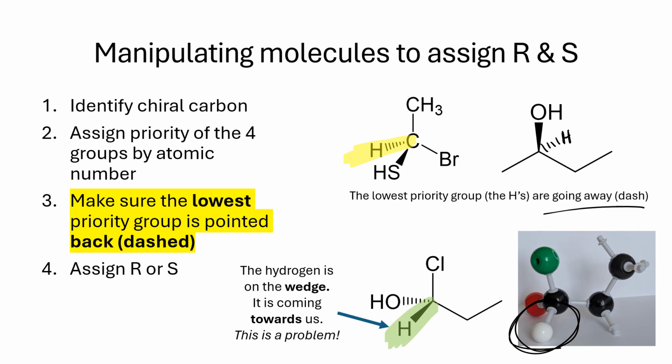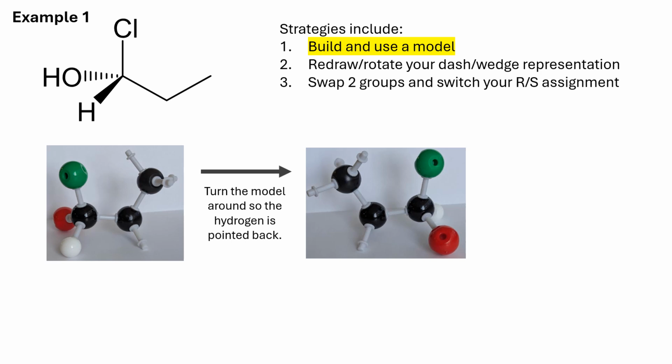So here are some strategies. The first strategy is that you could just build a model and use that model. So that's what I did here. I took a model, I built it, and I'm going to show you how it maps onto the structure we give you. So this structure has a chlorine on a line, and then a CH2CH3 also in the plane on a line. On the model, this is that.